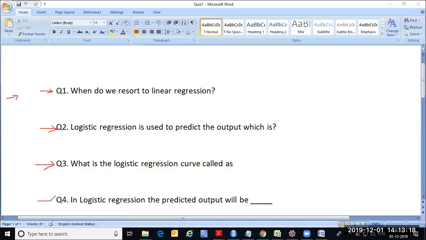In logistic regression, the output the model returns us are the probabilities. They are not the discrete values. Based on the probabilities, we need to convert them to the output values that we are predicting. Clear?